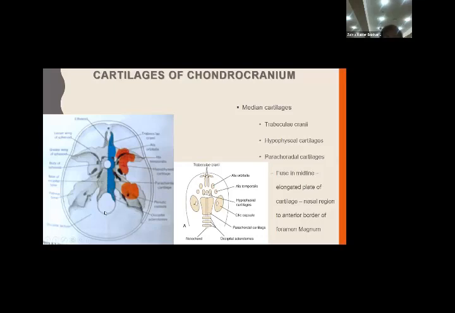This is the foramen magnum, so starting from the nasal region they run in the midline and go as far as the anterior border of the foramen magnum. Okay.